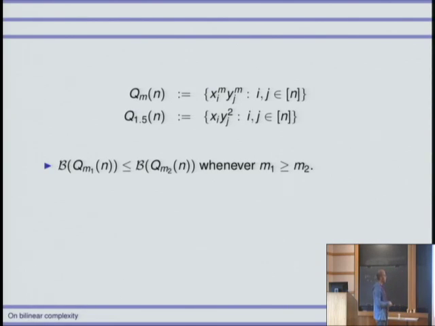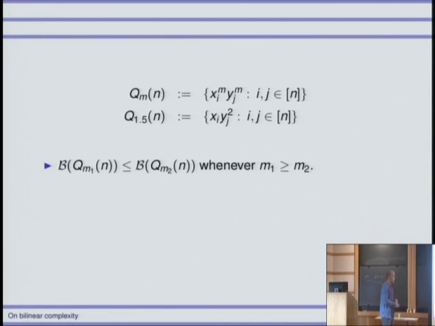One thing you can see, of course, is that the bilinear complexity is decreasing as m increases. So proving lower bounds is getting harder and harder as m gets bigger and bigger. And the question that I will address now is roughly what happens.